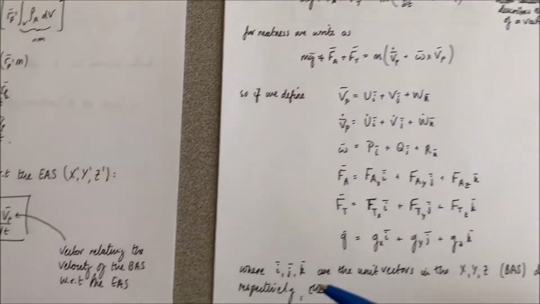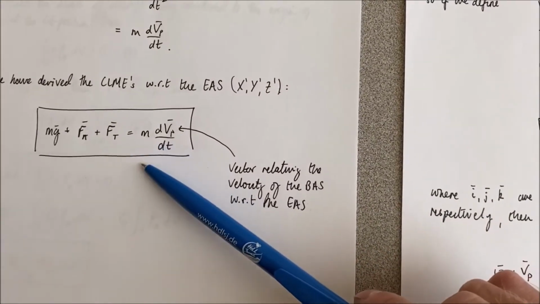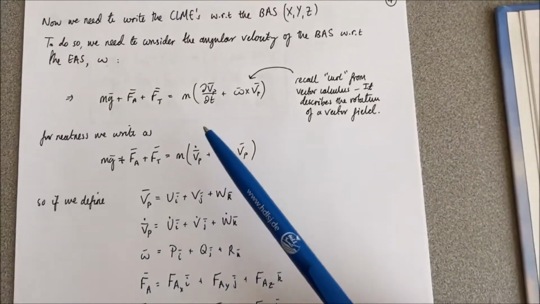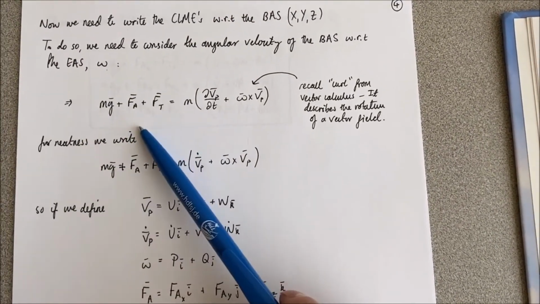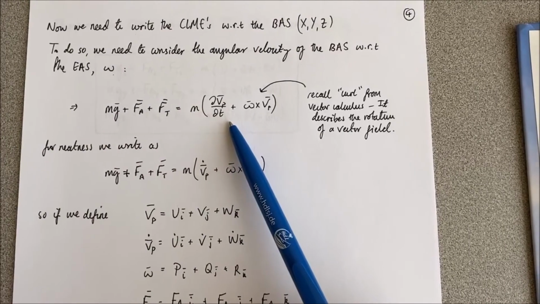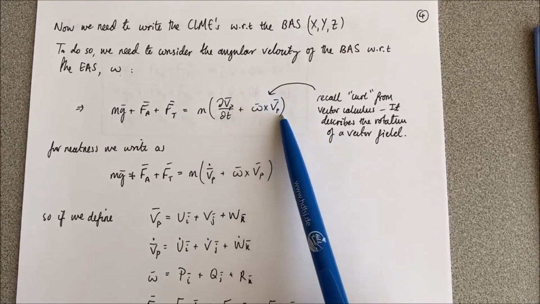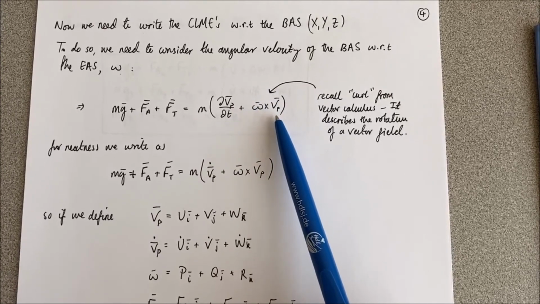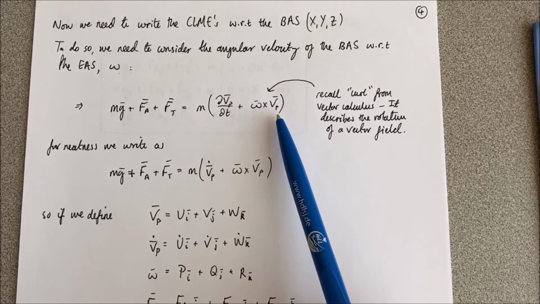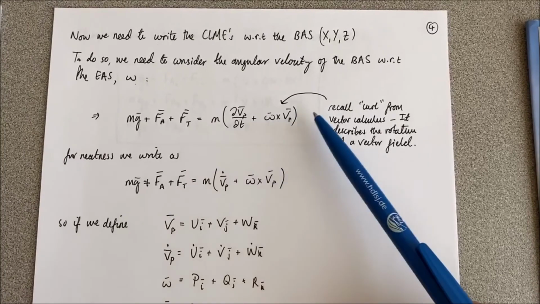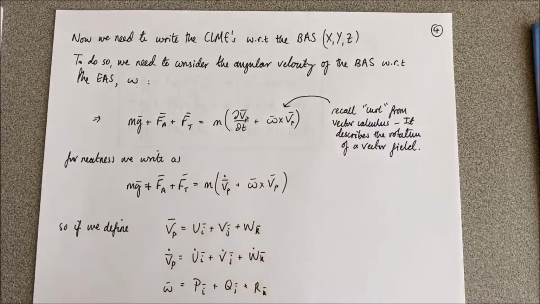So we can rewrite our equation here from the Earth axis system like this, where the left-hand side stays the same, but on the right-hand side, here we have this term which describes the rotation of our vector field, right? So remember or recall the operator curl from vector calculus, right?